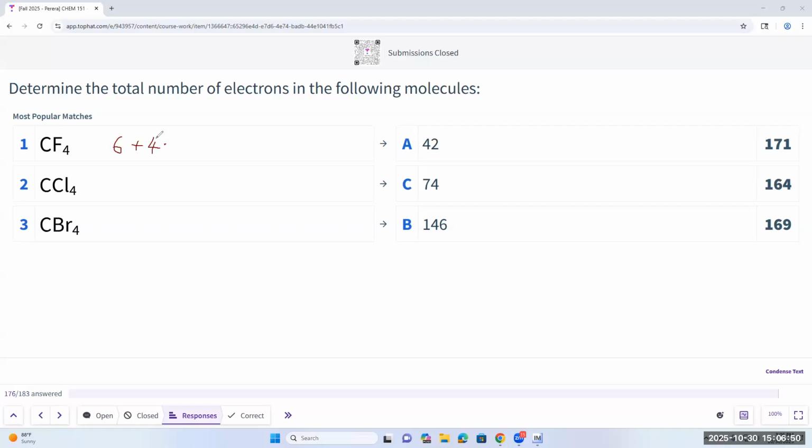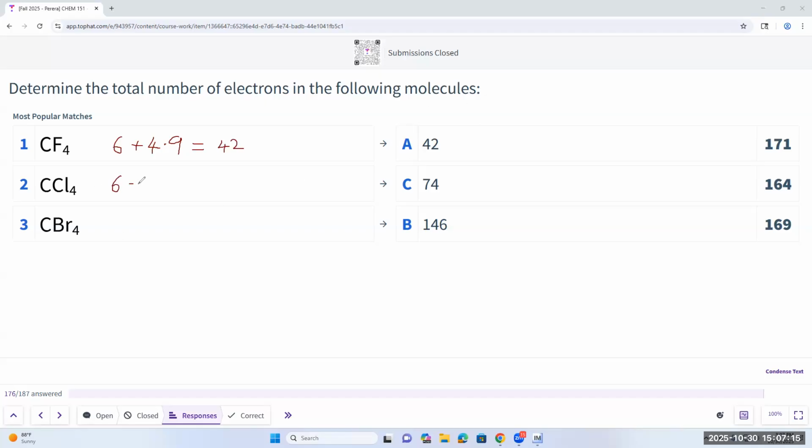The fluorine atomic number is 9, meaning it has 9 electrons in total. Valence wise, it only has 7, but in total, it has 9. So 4 times 9 is 36. 36 plus 6 is 42. That's how we get 42 electrons there.